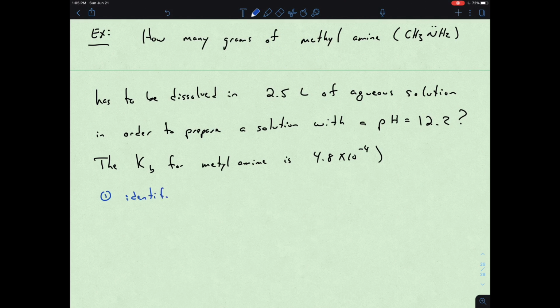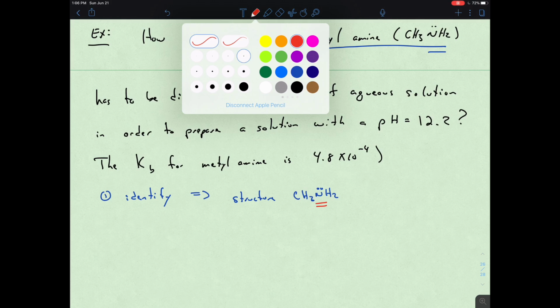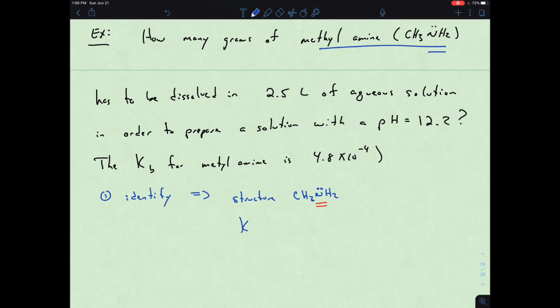We need to identify, and so we can think about, our structure, where we have our amine base, or the idea that we have a Kb equal to 4.8 times 10 to the negative fourth.